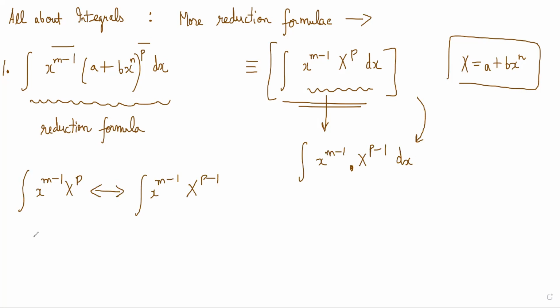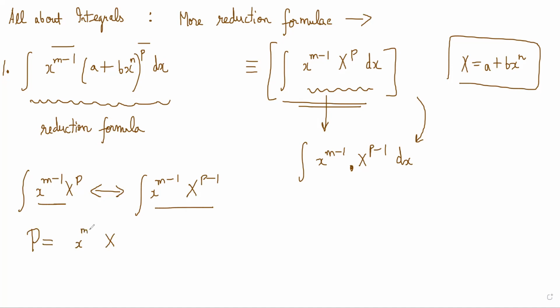What we take is a new variable, say capital P, and capital P expression you construct like this. You take x, and what powers do you assign to that? The lower powers, whatever is the lower power of x. In both the cases here, the power of x is m minus 1. So the lower power is m minus 1. You add 1 to it.